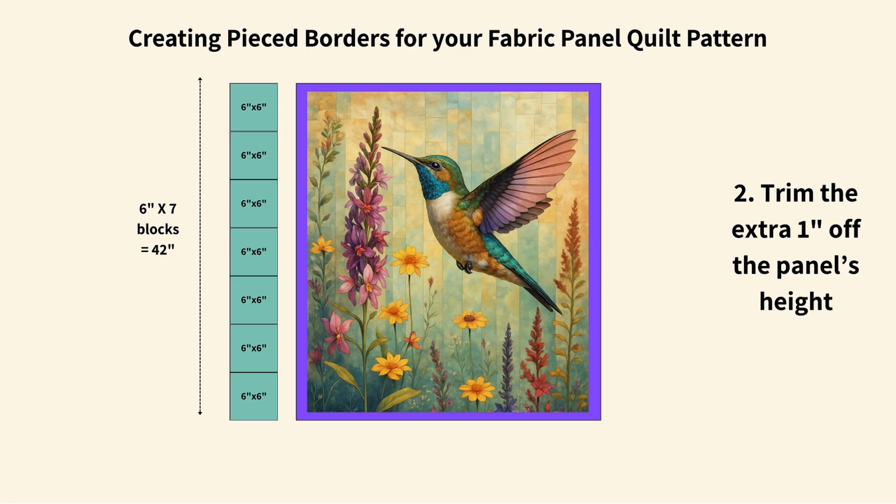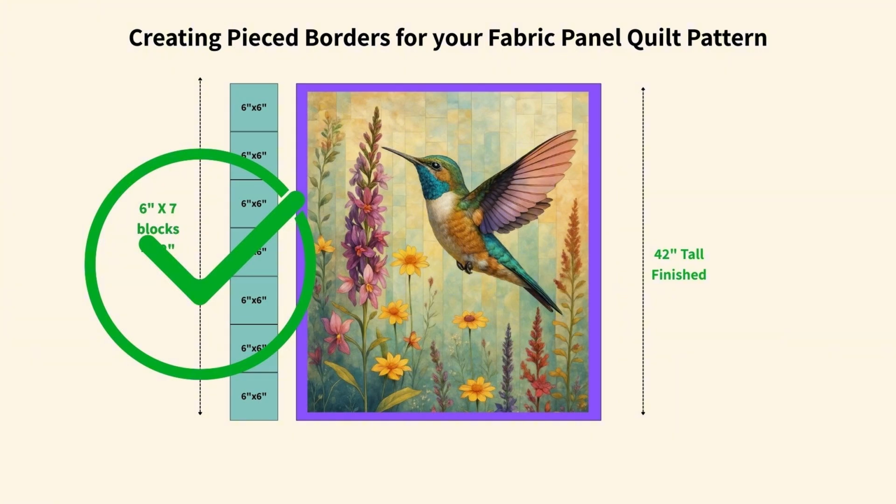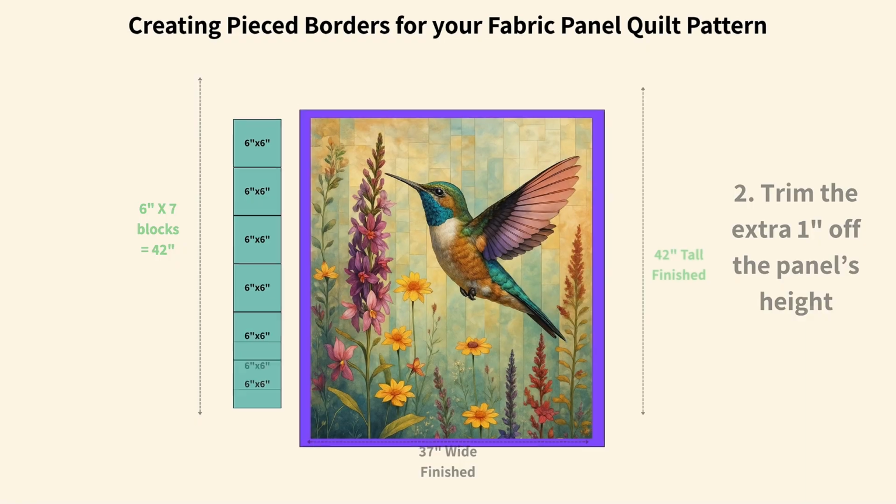So we trim 1 inch total from the height, either all from one side or split as a 1/2 inch from the top and a 1/2 inch from the bottom, depending upon the artwork. Now the panel plus inner border height becomes 43 inches minus 1 inch, which is the 42 inches tall finished that we were looking for. And now it matches perfectly. 7 blocks by 6 inches is 42 inches. So our side borders are solved.